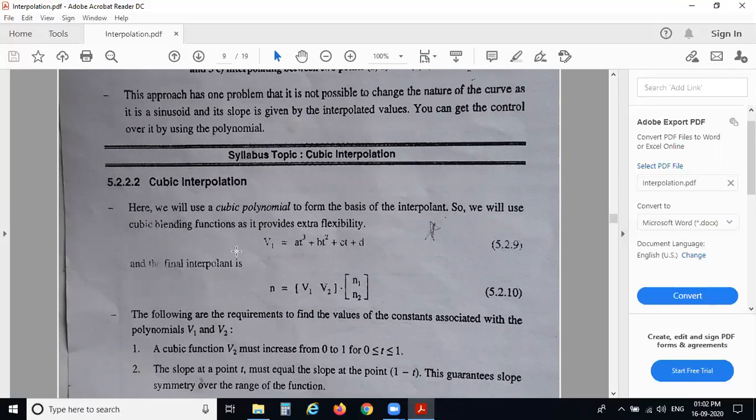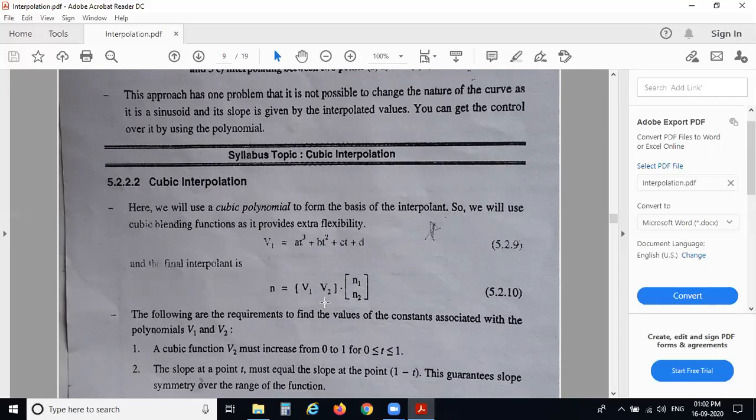Here we will use a cubic polynomial to form the basis of the interpolant. We will use cubic blending functions as they provide extra flexibility. Here we use this type of function, that is b1 is equal to at cube plus bt square plus ct plus d. And the final interpolant is n is equal to v1 v2 dot n1 n2.